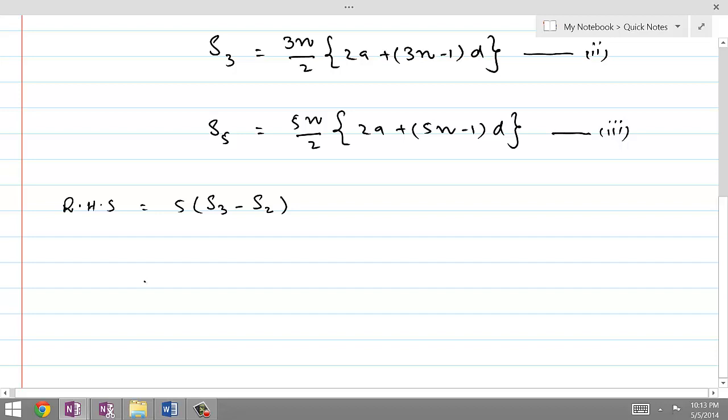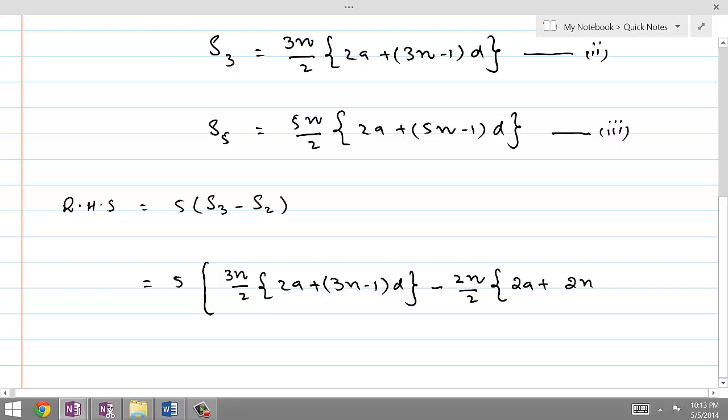So we will have 5 into, S3 is 3n by 2 into 2a plus 3n minus 1 d, minus 2n by 2 into 2a plus 2n minus 1 into d.